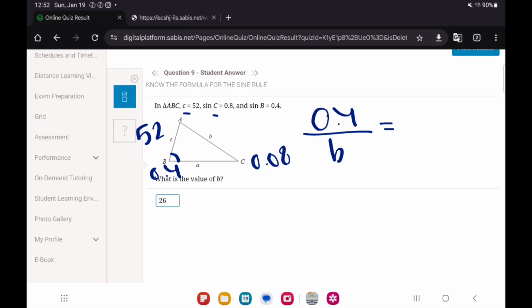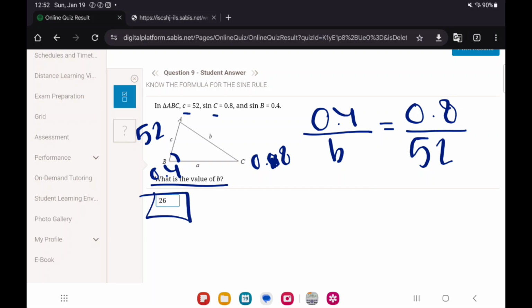So sine angle C, which is 0.8, over 52. Use your calculators and cross multiply: 52 times 0.4 is 104 over 5, divided by 0.8, and you get 26, and that's literally your answer.